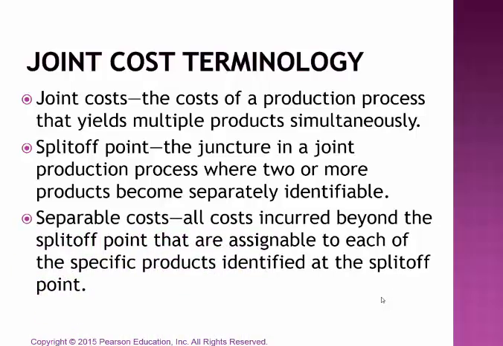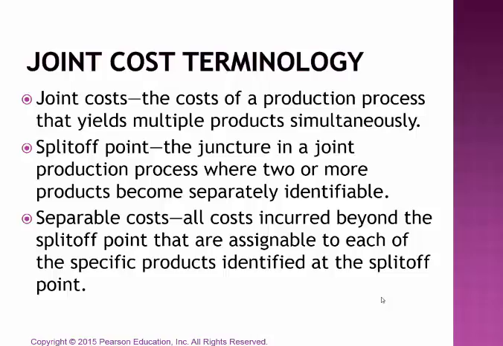Separable costs are the costs incurred beyond the split-off point or after the split-off point. And those separable costs are assignable to each specific product that those costs are incurred for. And those are the separately identifiable products at the split-off point. Okay, so they're going to have costs incurred up to the split-off point that are called joint cost.